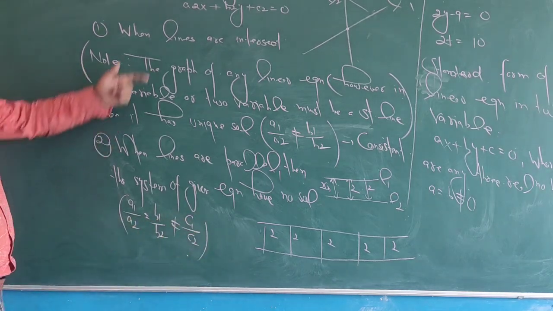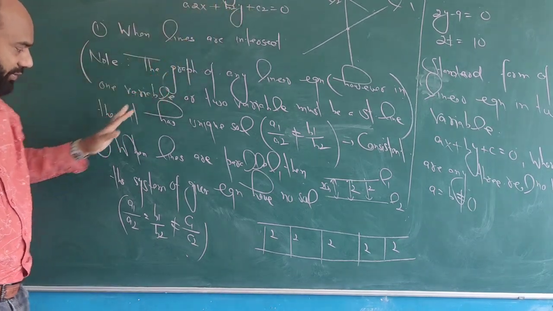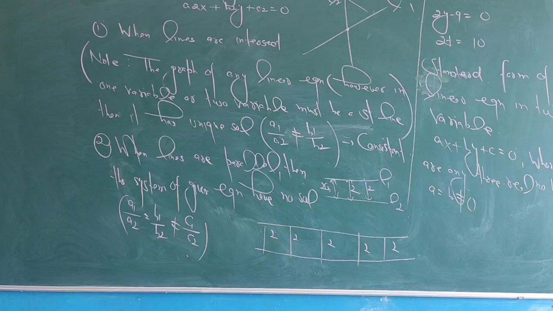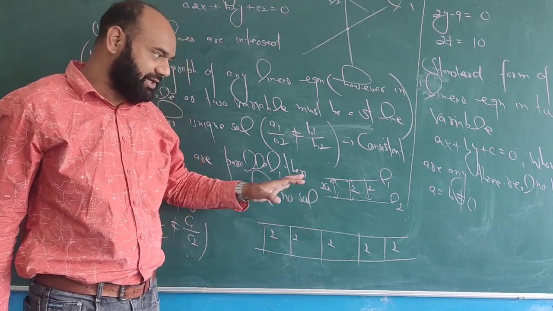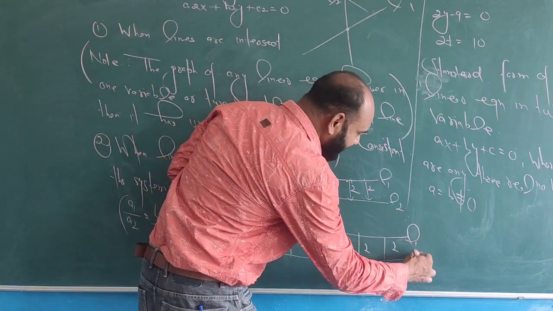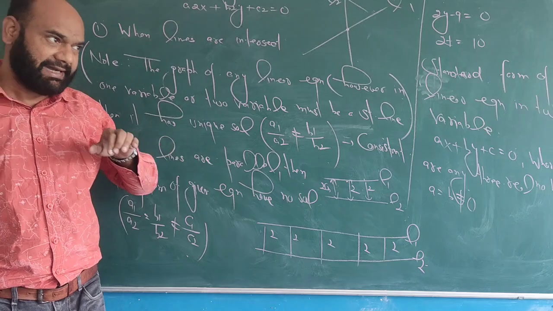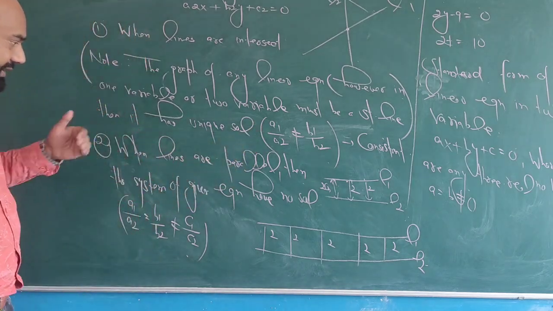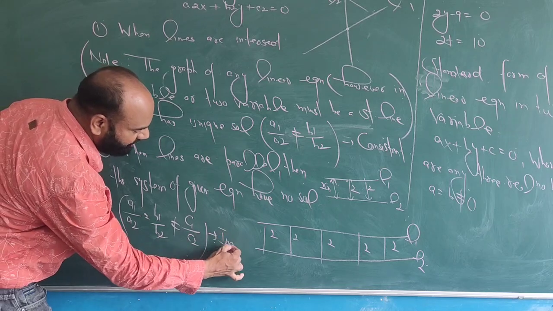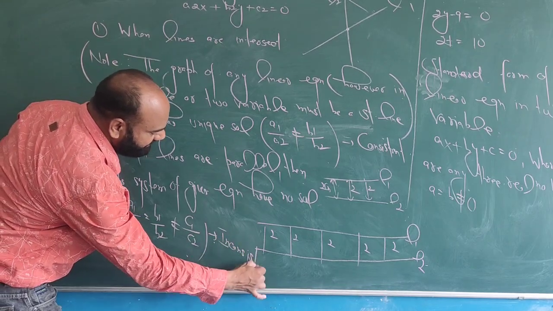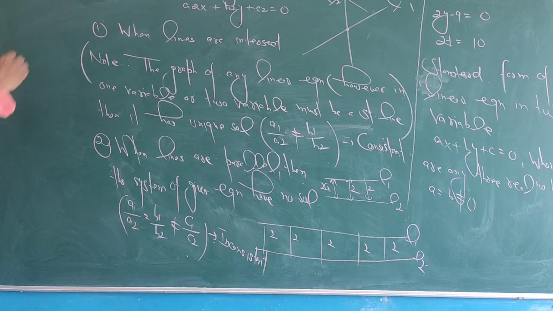Means A1 upon A2 is equal to B1 upon B2 is never equal to C1 upon C2. So when the lines are parallel, the system of given equations has no solution, because we see in various conditions that parallel lines never intersect at any point. So it has no solution, and this no solution is said to be the condition of inconsistent.